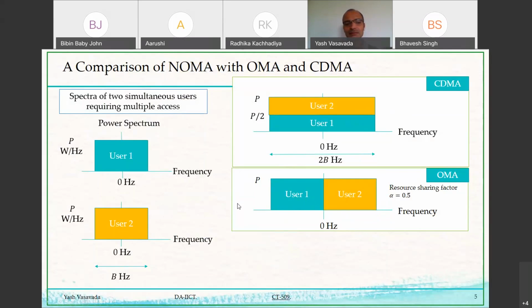But in general, I haven't very specifically said what these user 1 signals are. Instead of considering these signals as a sequence of symbols, which would be the case in FDMA, if I consider them as individual symbols, then this would be more in line with OFDM. So that is what this diagram illustrates.